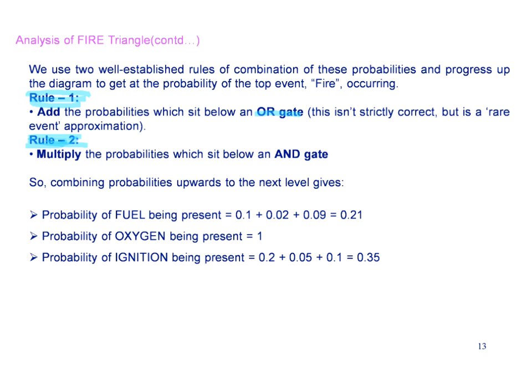Rule 1 is only to add the values. Rule 1 is applied to OR gate and it is used to add the values. Rule 2 is used for AND gate, and we have to multiply the values. So I'll just show you how it is done.